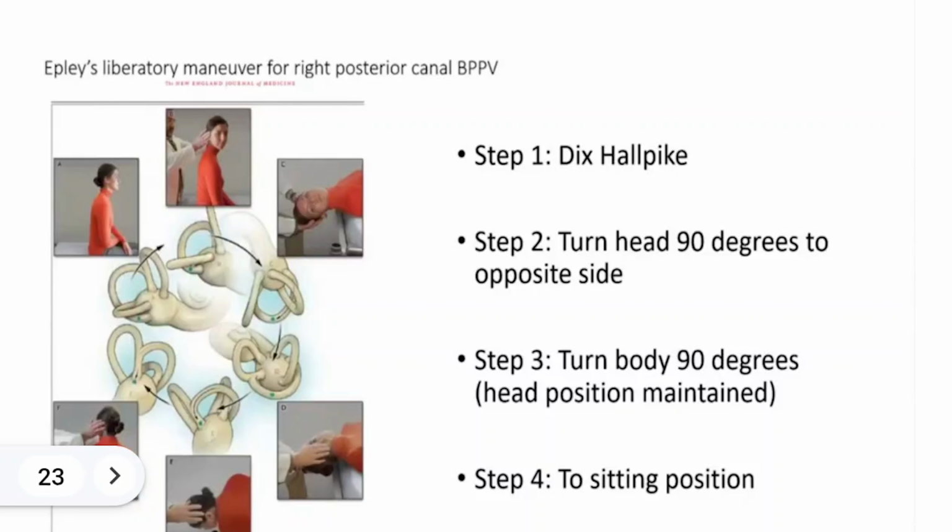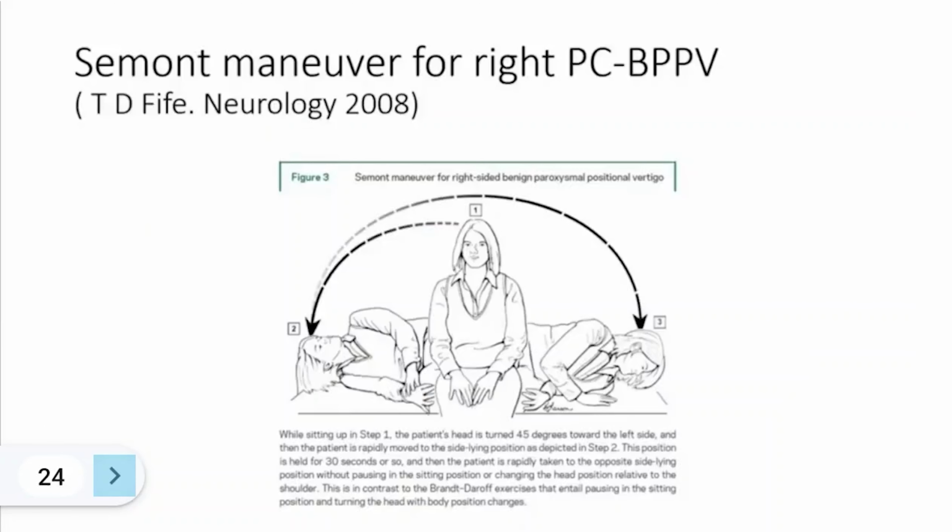After completion of 1 minute, turn the head 90 degrees to the opposite side and stay for 1 minute. After that, turn the whole body 90 degrees and lie in that position for 1 minute. After that, ask the patient to sit up for 1 minute. This causes reduction of otoconia from the posterior canal and improvement of symptoms.